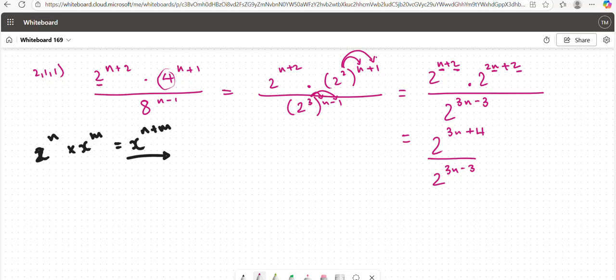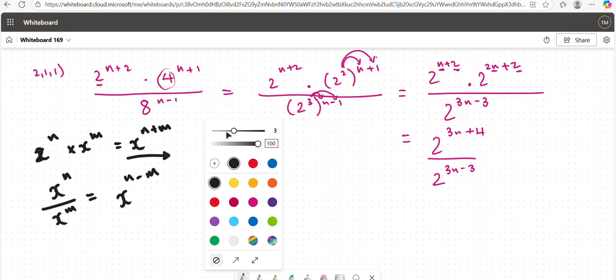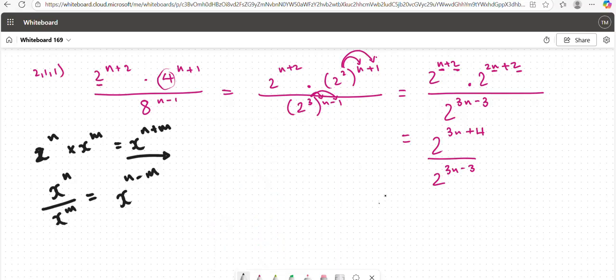And now what am I going to use? I'm going to use the second law that you learned that says if I have two things that have the same bases that are dividing, I can subtract those exponents. So that's the second law that you would have learned. So that's exactly what I'm going to apply there.